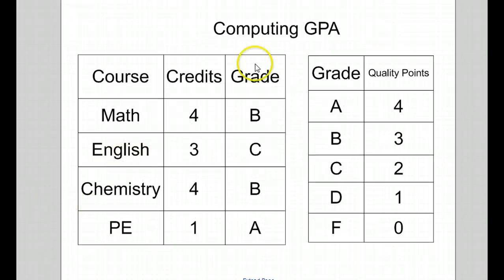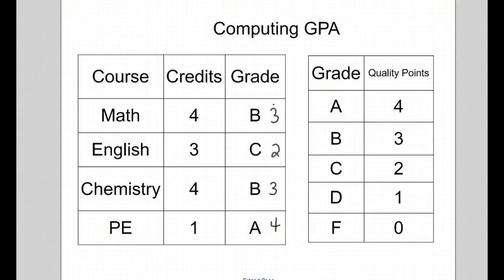Alright, GPA. GPA is a weighted mean. It's just, it goes by quality points. So when you do this, a credit of 4, a grade of B, which is 3 quality points. I'm going to put a 3 right here. Alright, this is a quality point of 2, another 3, and a 4.